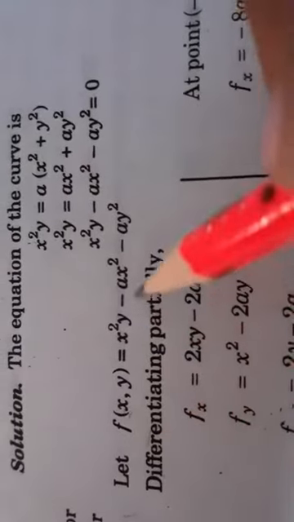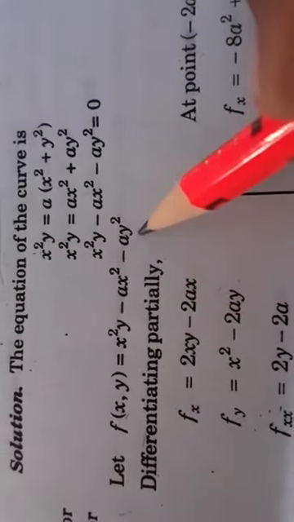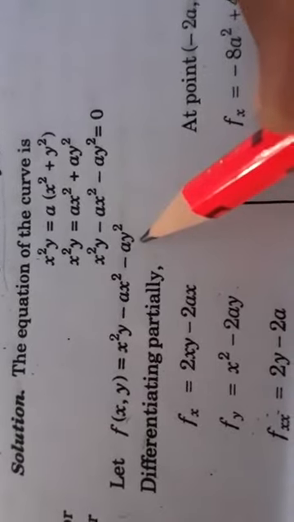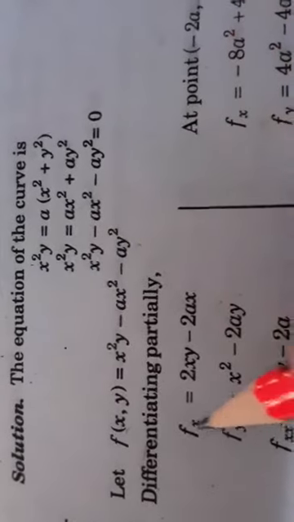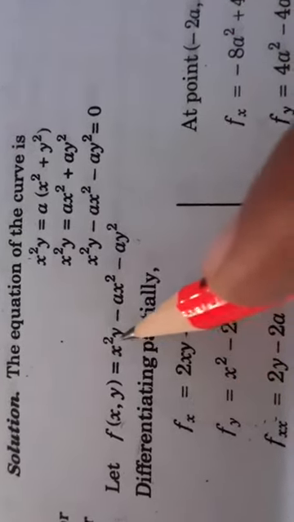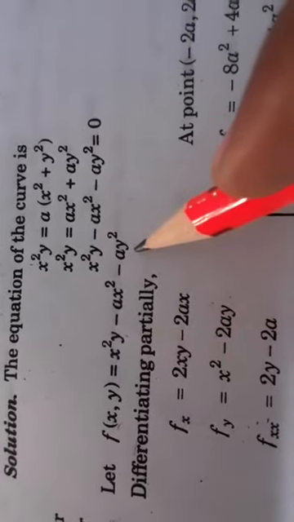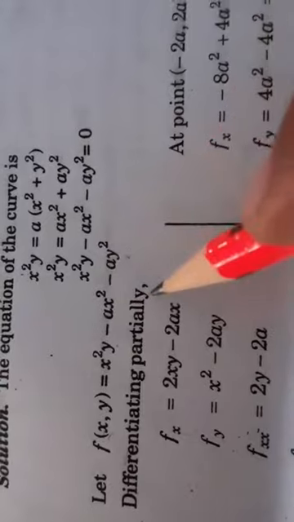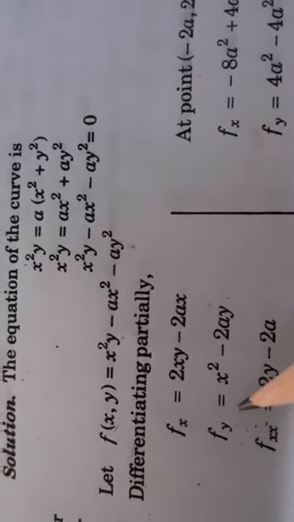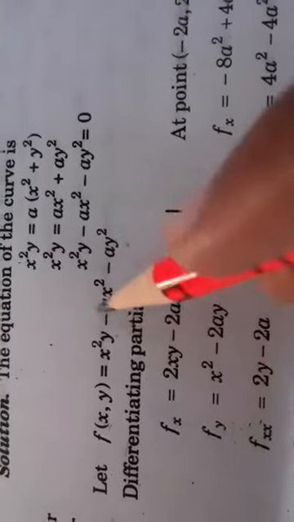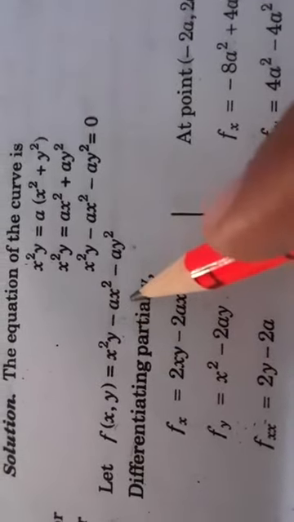So we have given f is equal to this. First we compute its partial derivatives which are used in the formula. fx means partial derivative with respect to x. To differentiate this equation with respect to x, we consider y as a constant and x as a variable. Similarly, we will find fy by considering y as a variable and x as a constant.